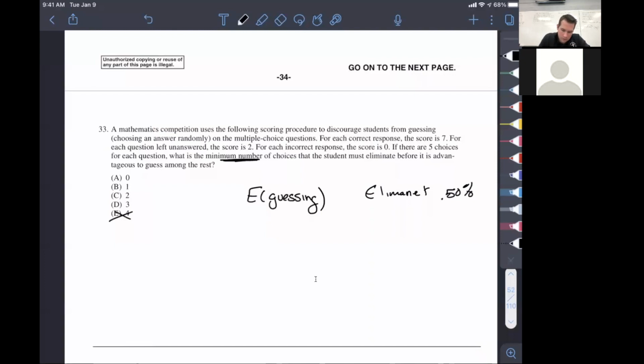And the expected value of getting it right would be 7 plus 0. You would either get it right 50% of the time, or you get 0 50% of the time. So your expected score, if you were able to eliminate 3, would be 3.5.